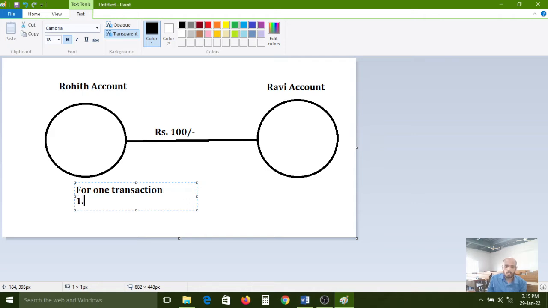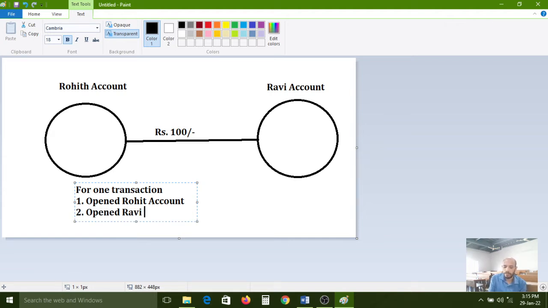Here the first task is to open Rohit's account. After that, open Ravi's account also.